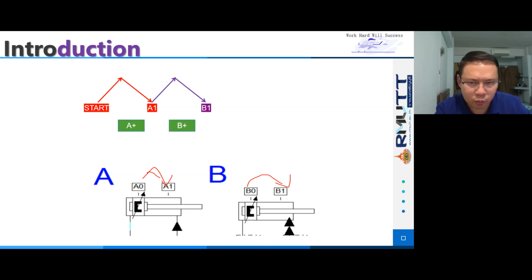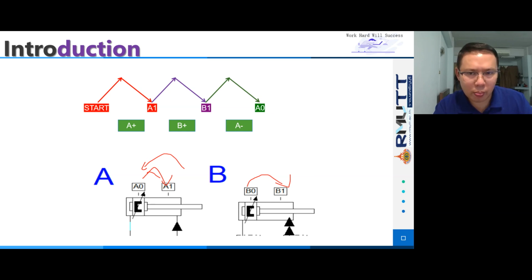It's B plus. When the air stream arrived in the B1 position, the air stream of cylinder A will return to A0 from the A1 position.